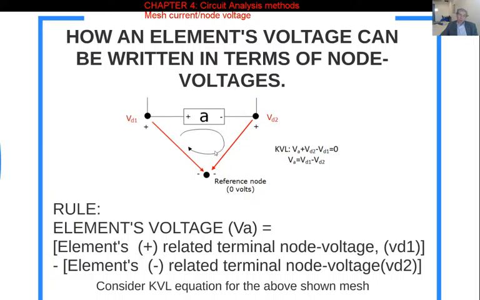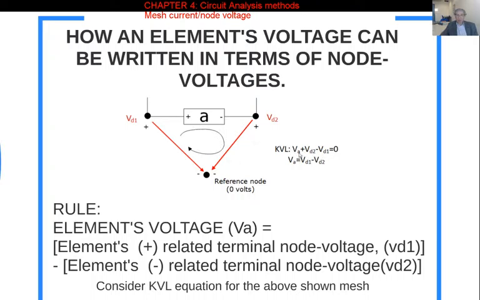The mesh current direction is the same way, so it's going to be a plus sign for VD2. And for VD1, the current direction and the loop mesh current direction are opposite to each other, so we put a minus in front of VD1, equal to 0. This is the Kirchhoff voltage law equation for this mesh.